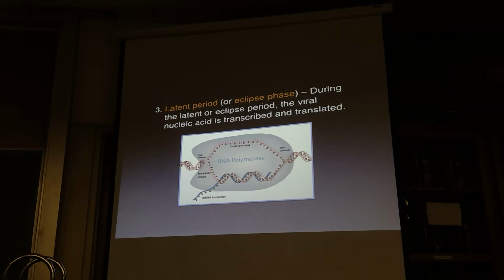That's the other problem with the term latent period. Latent also refers to a disease category, and some viral diseases are latent, which means the virus is inactive. So eclipse is really a better name for this stage because the virus seems to have disappeared. As a virion, it has disappeared because all that's left of it is nucleic acid.